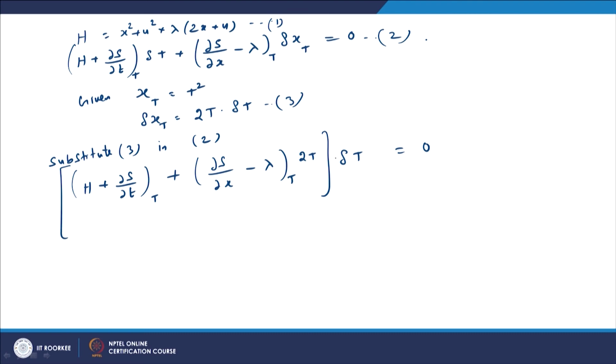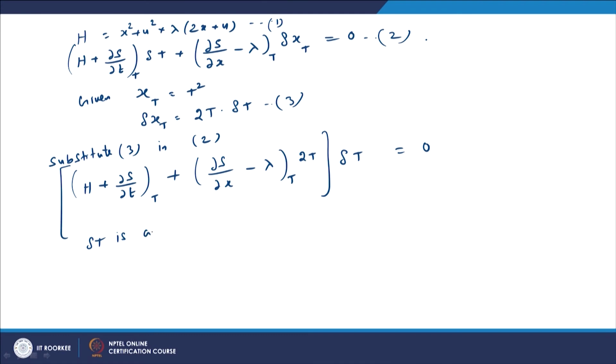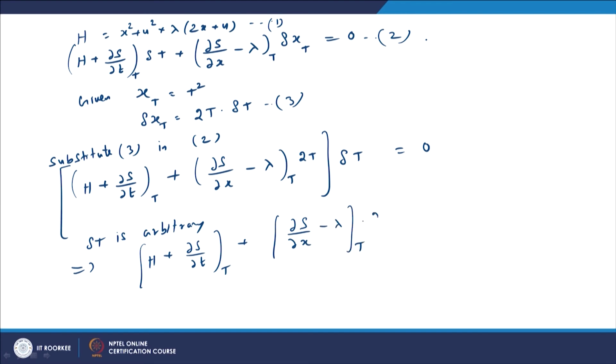Now, del t, the variation in final time, is arbitrary, therefore, this has to be equal to 0. So, that implies this is equal to 0, and we have the initial condition.